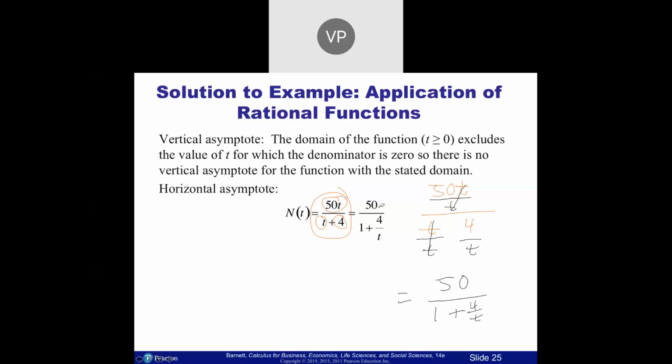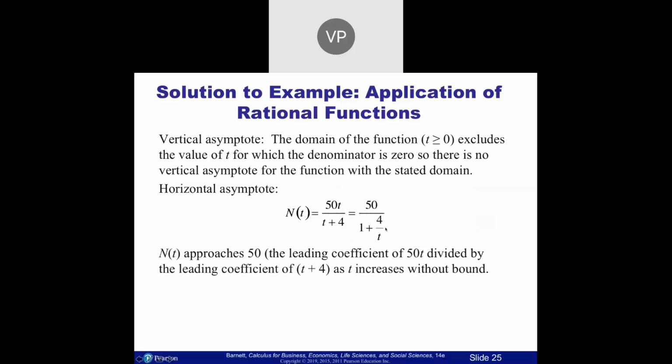There's only one t left in my problem down here. As t becomes 100, 1,000, a million, a billion, this little fraction is basically becoming nothing. It's becoming minute. So we just get rid of it, and what's left is 50 over 1, and that's how we have that y equals 50. So you see it approaches 50, same kind of thing. There's two different ways to do this, but either way, we are getting 50 as the approach, the horizontal asymptote, y equals 50.